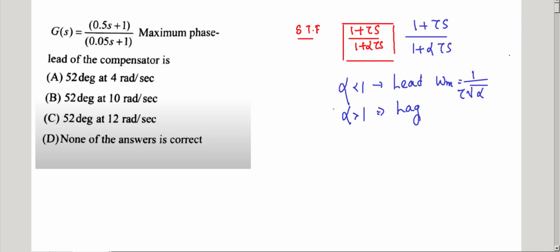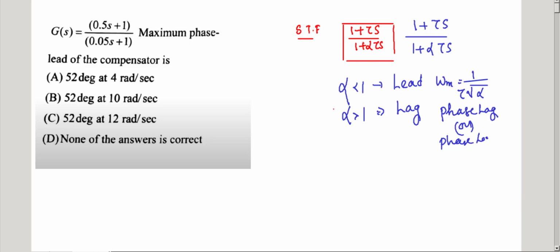The frequency at which maximum phase lag or phase lead occurs is 1 by time constant into root alpha.